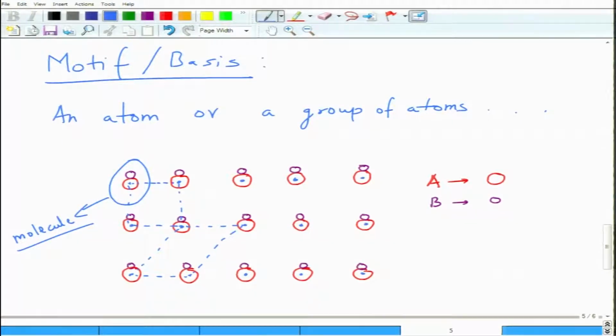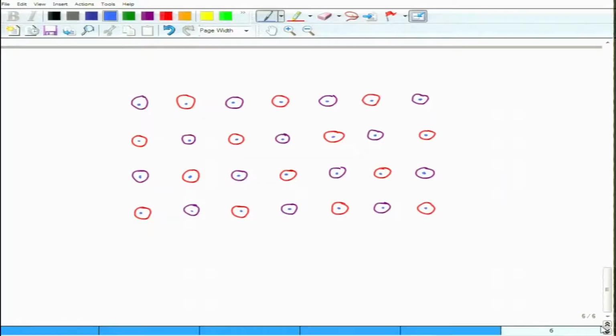These are two examples of the smallest unit cells. In this case, what is the scenario now? Is the smallest unit cell the same as before, this one, or is it this one?